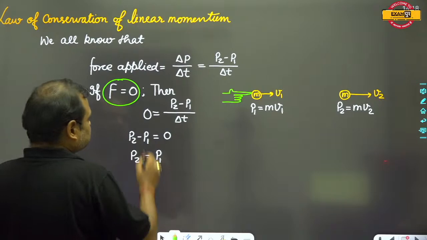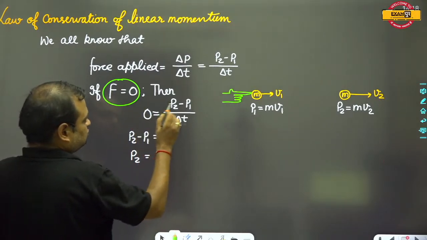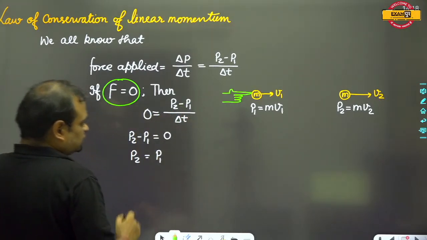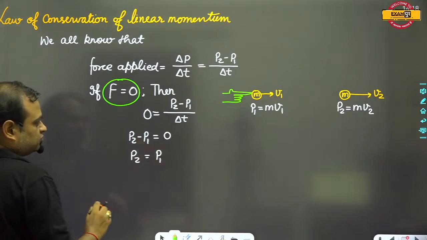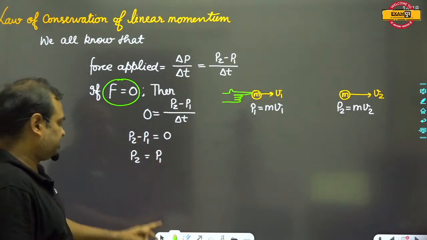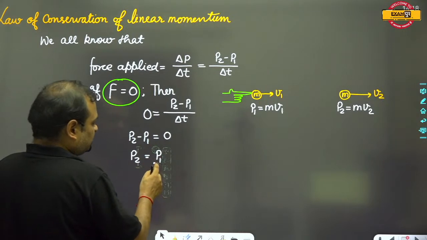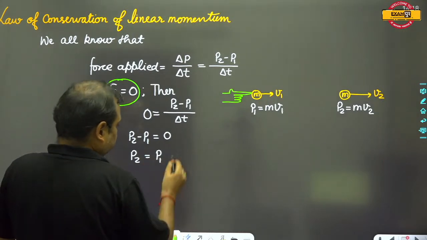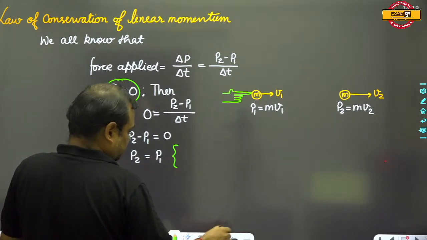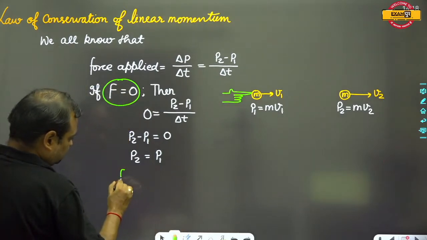Okay, in this case we will write f is equal to 0, (p2 minus p1) upon delta t. So p2 minus p1 will be equal to 0. Here p2 is equal to p1. It means the final linear momentum is equal to the initial linear momentum.